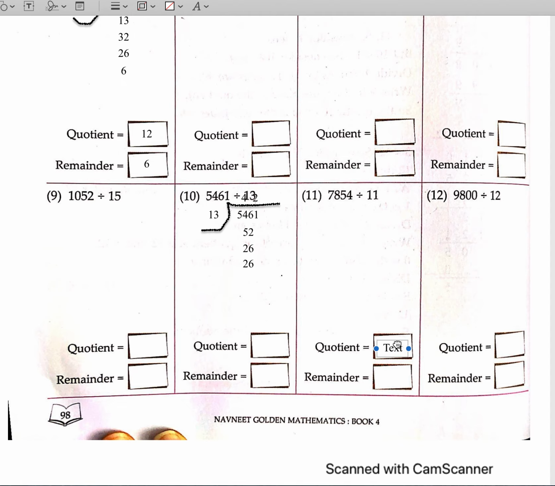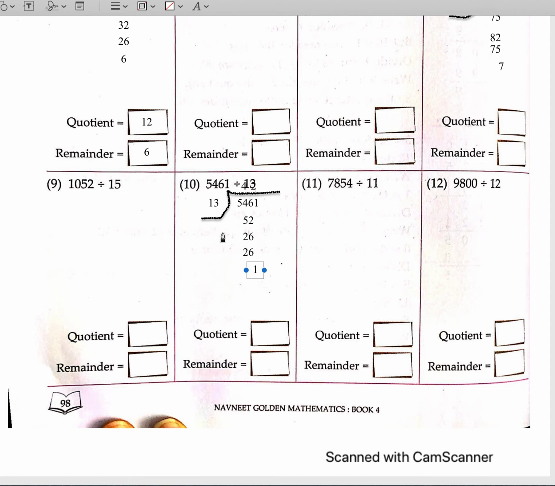Then we'll be left with 0, and then we'll bring down 1. So when we bring down 1, 1 is smaller than 13, therefore we will add a 0 in the quotient. So we'll add 0 over here. So our quotient is 420 and our remainder is 1.